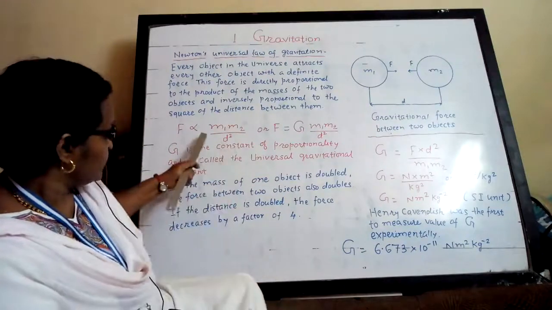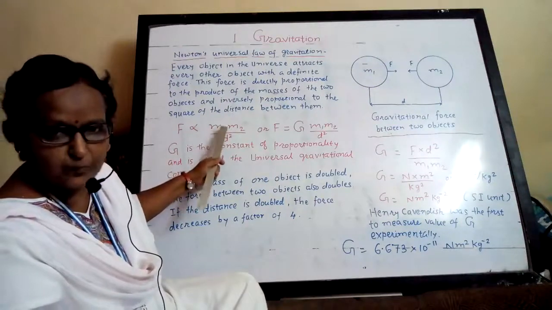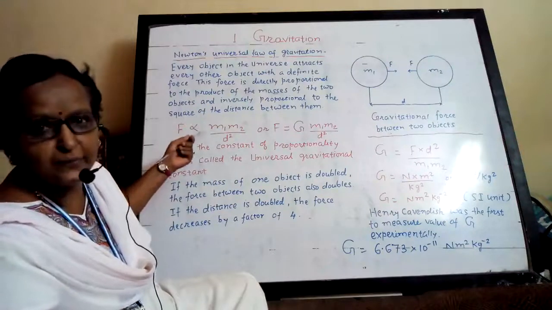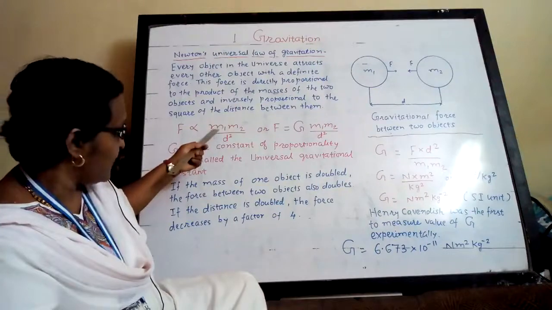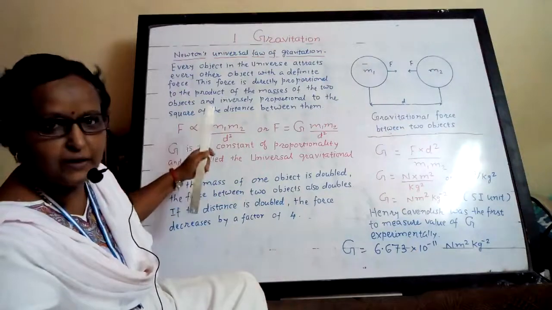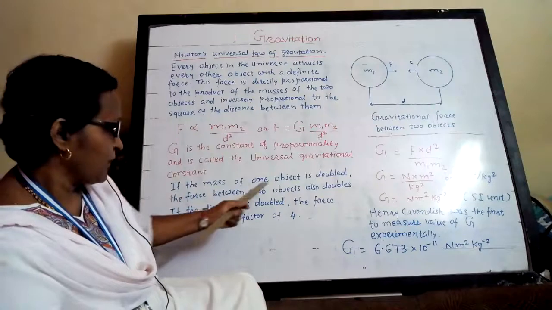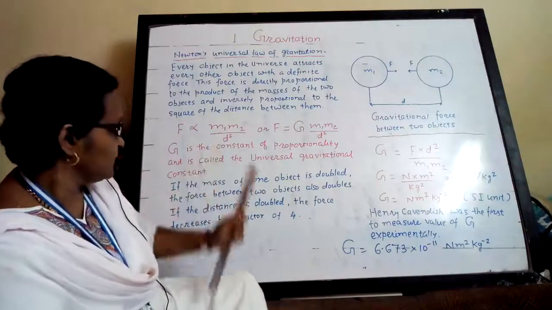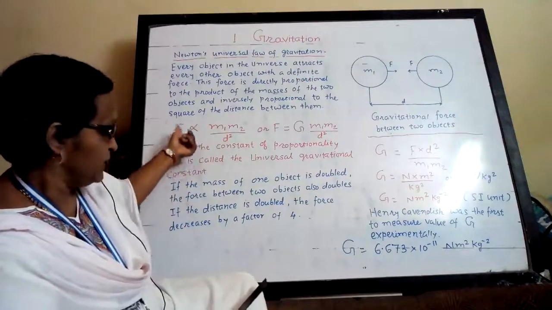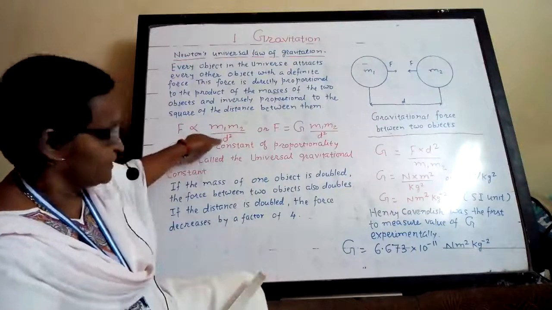Now according to this law, if we double the mass of one of the objects, since it is in the numerator, the force is also doubled, that we can calculate. But if the distance between the two objects is doubled, then the value of F decreases by a factor of 4, because it is in the denominator.